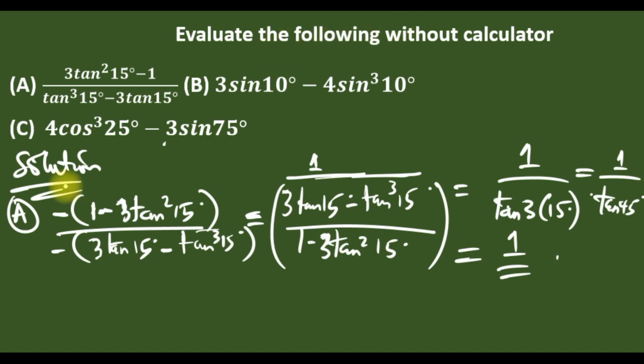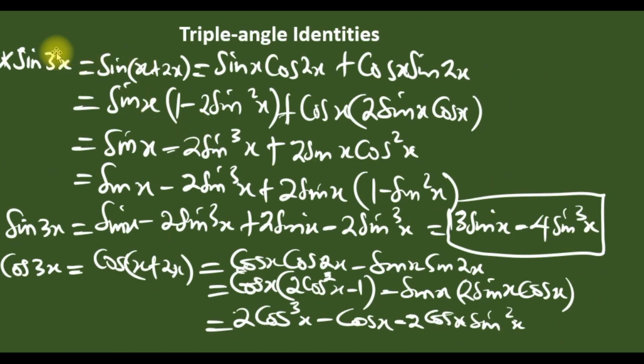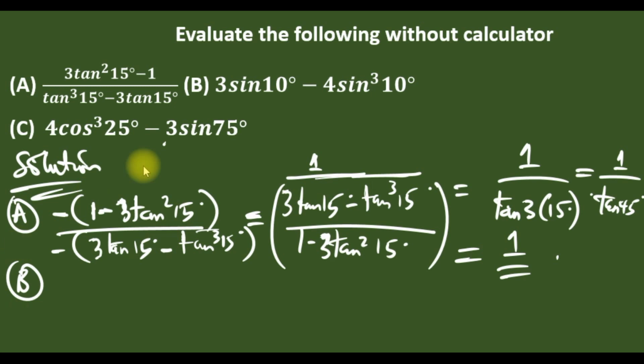The second one is direct, because as you can see from our triple identity for sine, sine 3x is 3 sine x minus 4 sine cube x. So our x is 10.